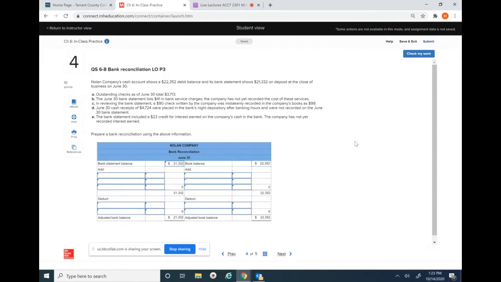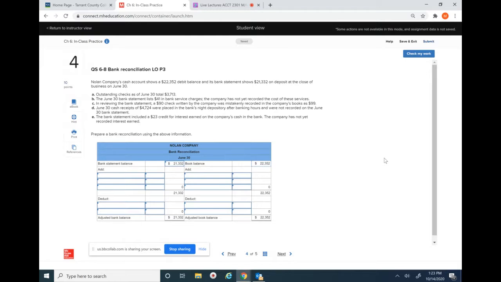So we need to continue exploring, researching, reconciling those two numbers. All right. So you also notice that they separated the items that increase the beginning balances here and the items that decrease the balances.